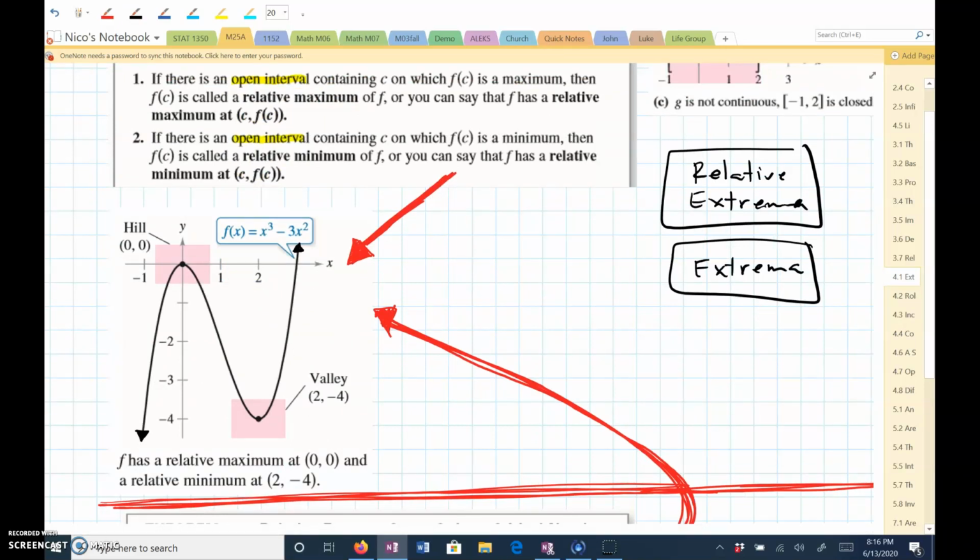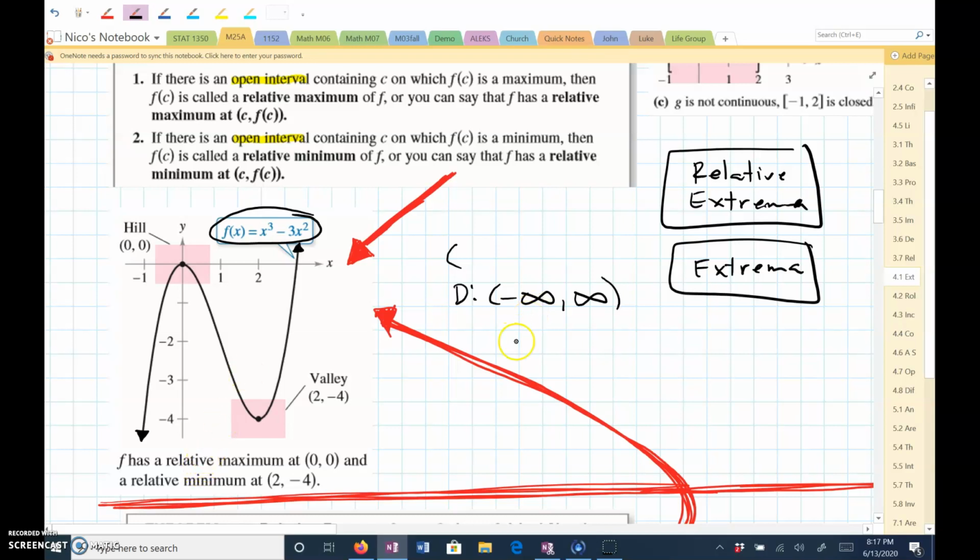All this is saying is, if you have an open interval, so if you look at this function here, the domain is an open interval. It's from negative infinity to positive infinity. So you're not going to have an absolute min or max.